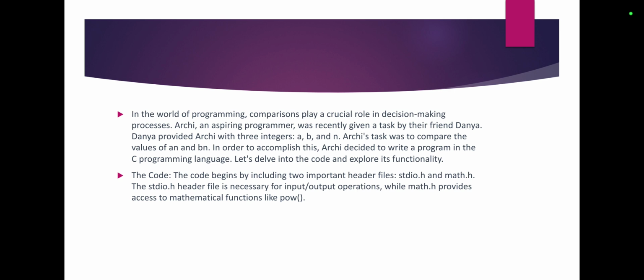To calculate a^n and b^n, the pow function is employed. This function takes two arguments, the base and the exponent. In this case, the base is a and b and the exponent is n. The pow function raises the base to the power of the exponent and returns the result.